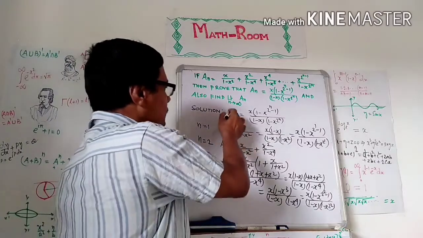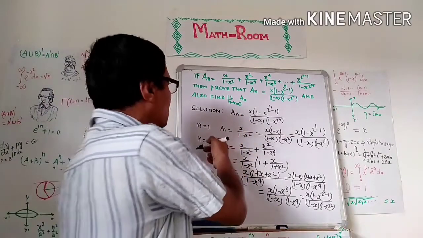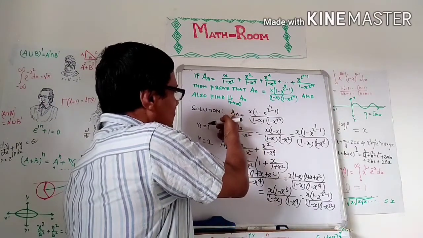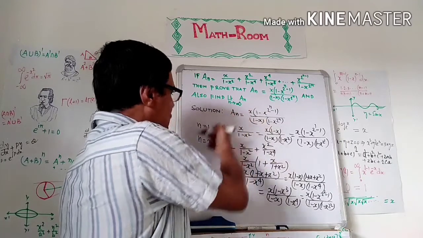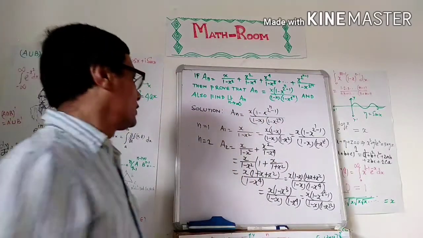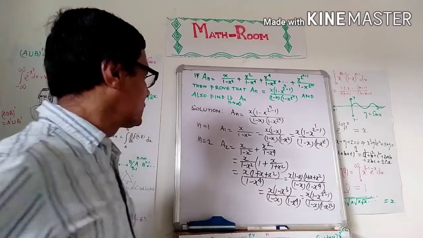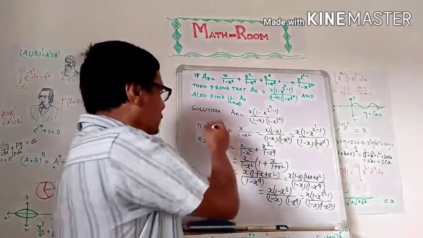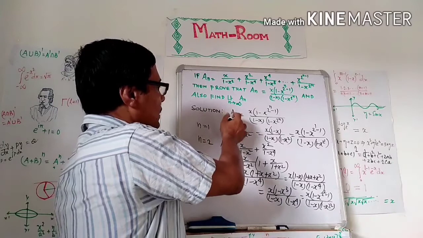So this is also true for n equal to 2. Here you can see this is true for n equal to 2. So we have taken two observations, n equal to 1 and n equal to 2.